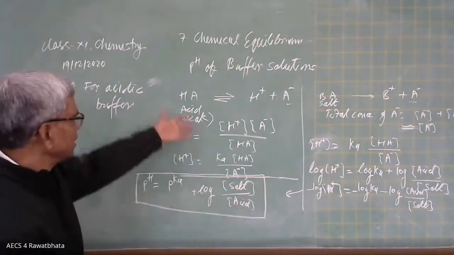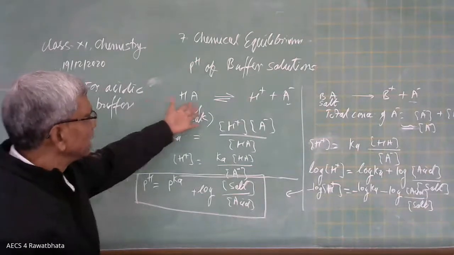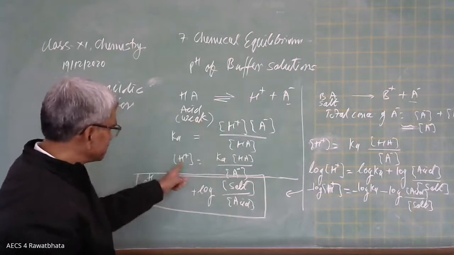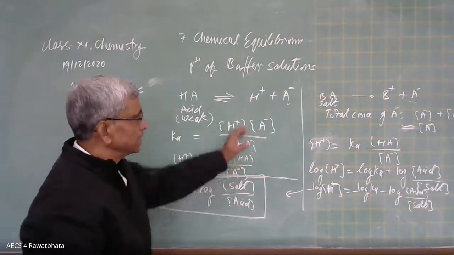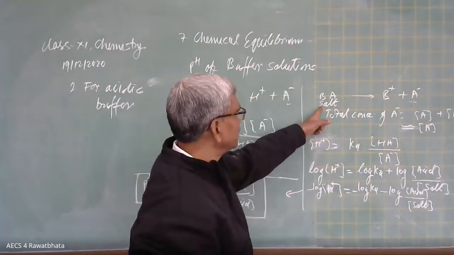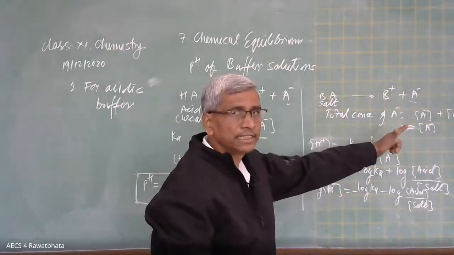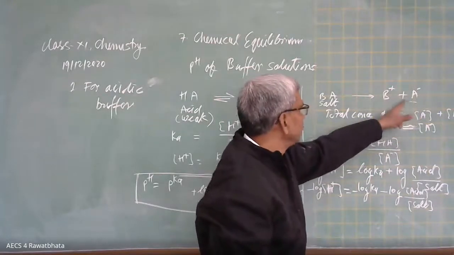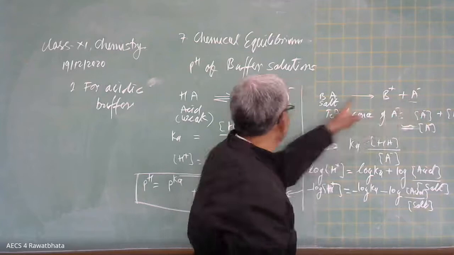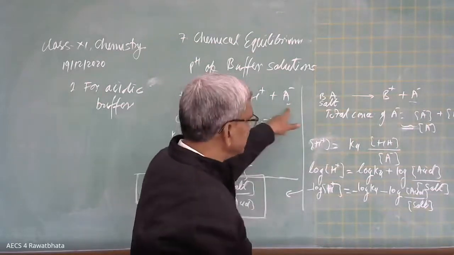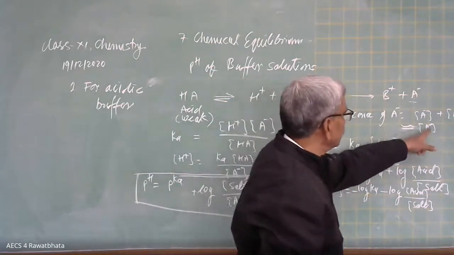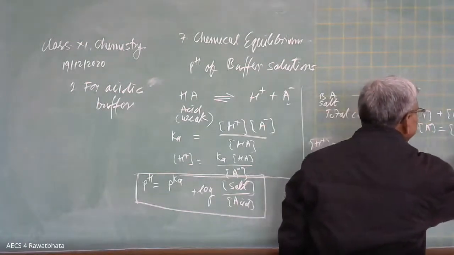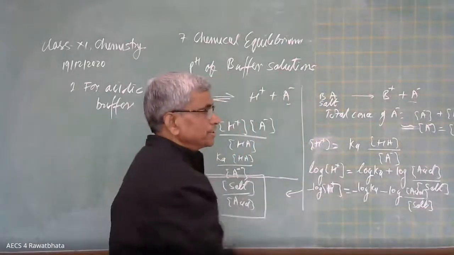How to get this formula? This is the way. A weak acid ionizes partially, and K can be written like this, with the H positive expression like this. Then another component of the buffer is the salt. The strong salt ionizes completely, and the total concentration of A minus is almost equal to the molar concentration of the salt.